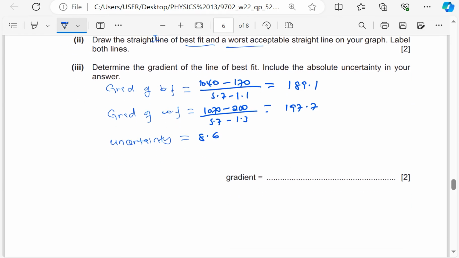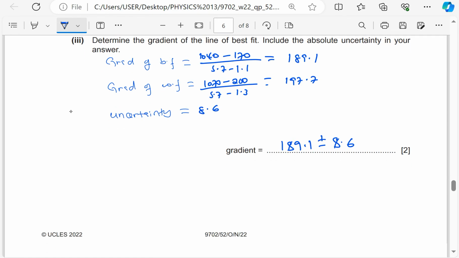So the gradient is going to be 189.1 plus or minus 8.6. If you want, you can write plus or minus 9 or plus or minus 10. And this you can write 189, or I can write 190 plus or minus 10. But this is fine.